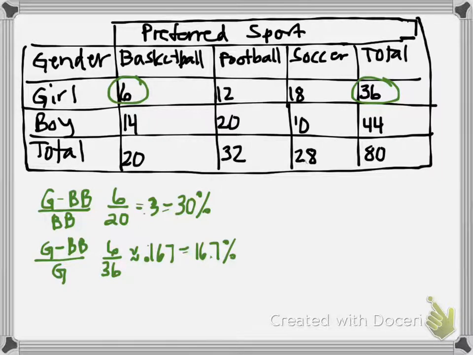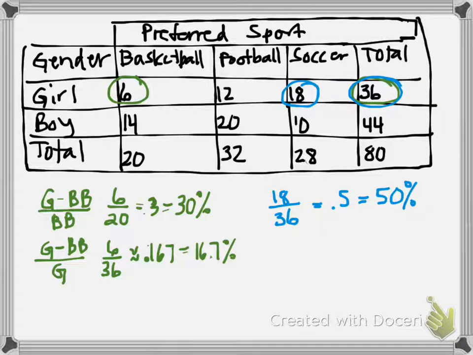So what they did for a girl liking soccer, and then they compared it to girls. So they said a girl who likes soccer being a girl gives me 0.5, which is 50%.